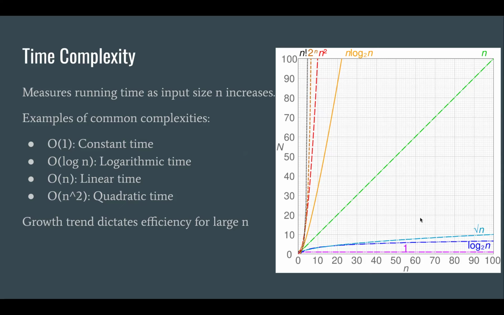But if you have to search through the entire array, that takes O(n), or linear time, where n is the number of elements in the array. Sorting the array often falls under O(n log n), and poorly optimized algorithms like bubble sort can have a time complexity of O(n squared). So understanding time complexity helps you predict how an algorithm will perform as input size grows.